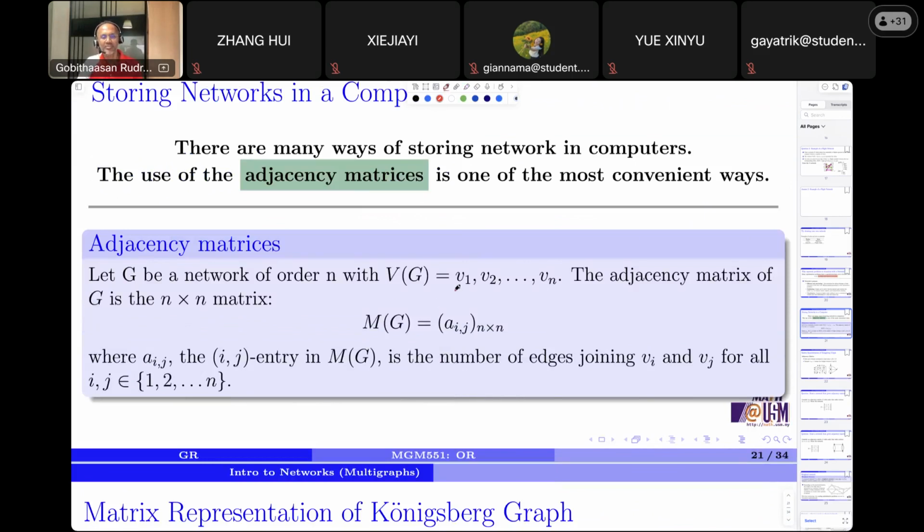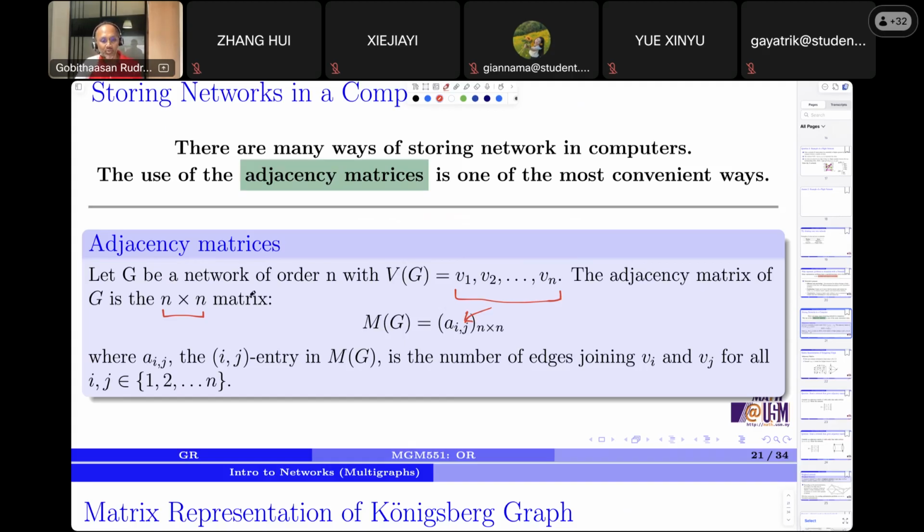So assume we have n vertices. Our adjacency matrix would be in the form of n times n. It's a square matrix, where A_ij represents the number of connections. For example, in the Königsberg Bridge problem, the number of bridges.